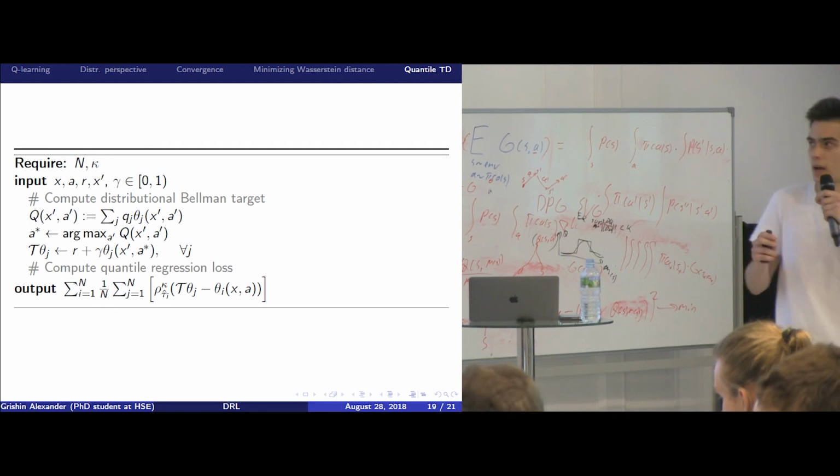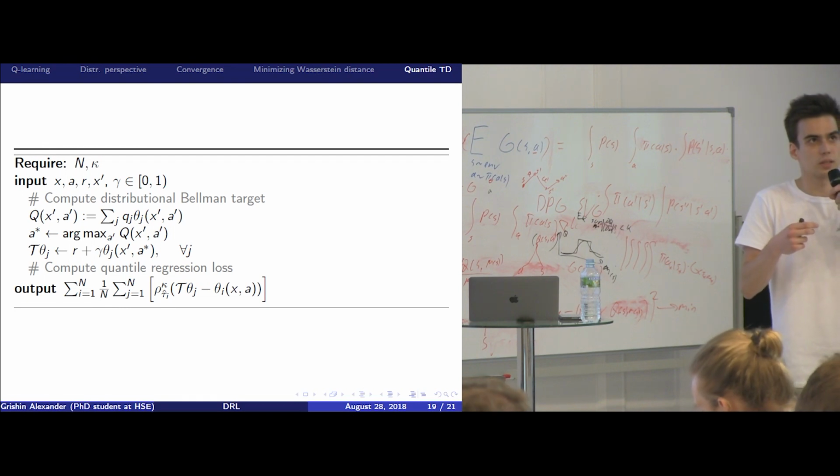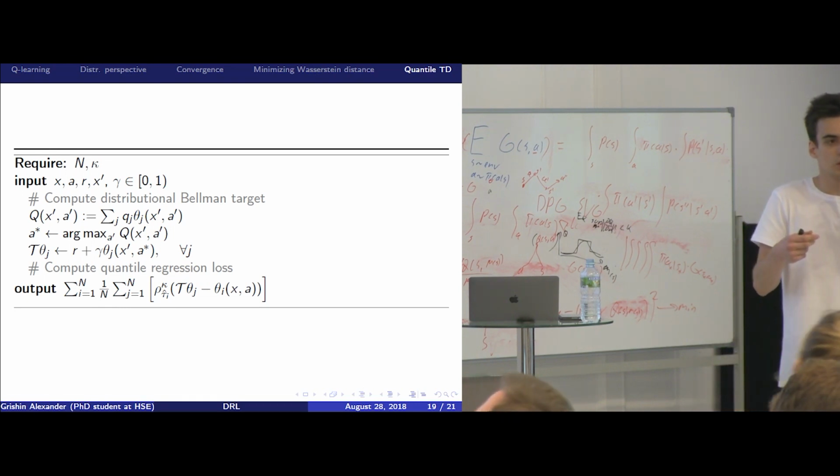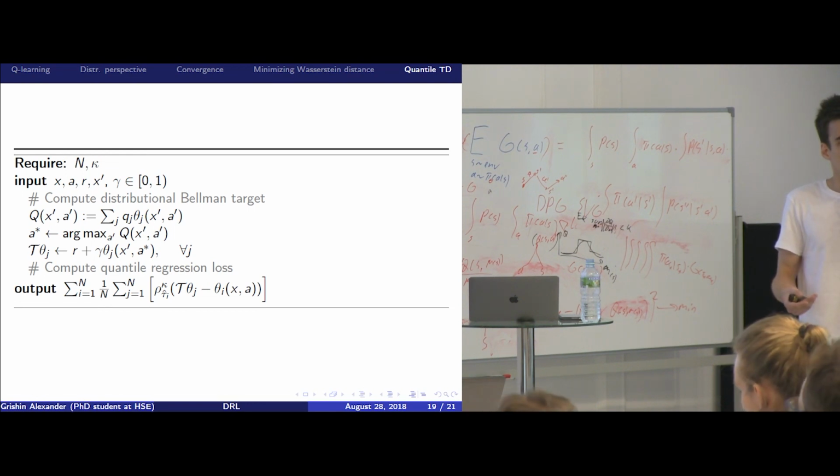This is akin to how we can't just compute the mean in Q-learning from the start. This is exactly this problem.